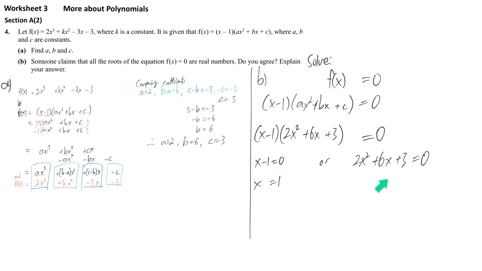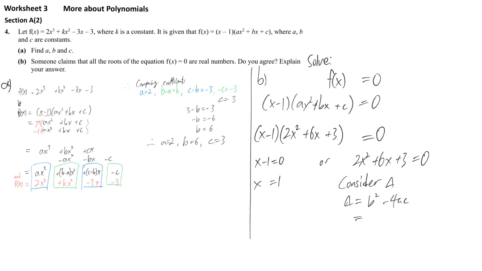That means what we are concerned with is whether they're real or not. To check whether the quadratic equation will give us real or non-real solutions, we may just consider part of the quadratic formula. Consider delta. Delta is equal to b^2 minus 4ac.